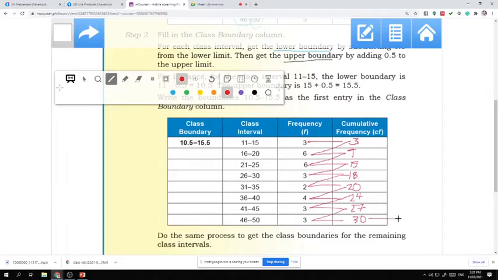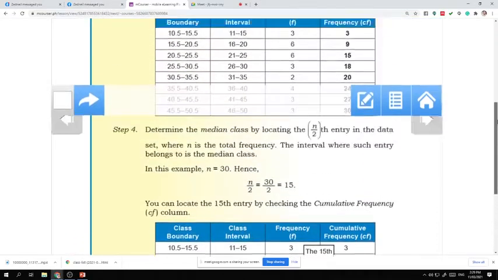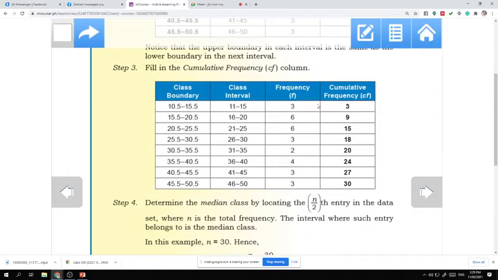Okay. This one will serve also as your n. The last number here, because if you add all these frequencies, you will be getting 30 there. Is the CF clear? Okay. Okay, very good. So these are our CFs.